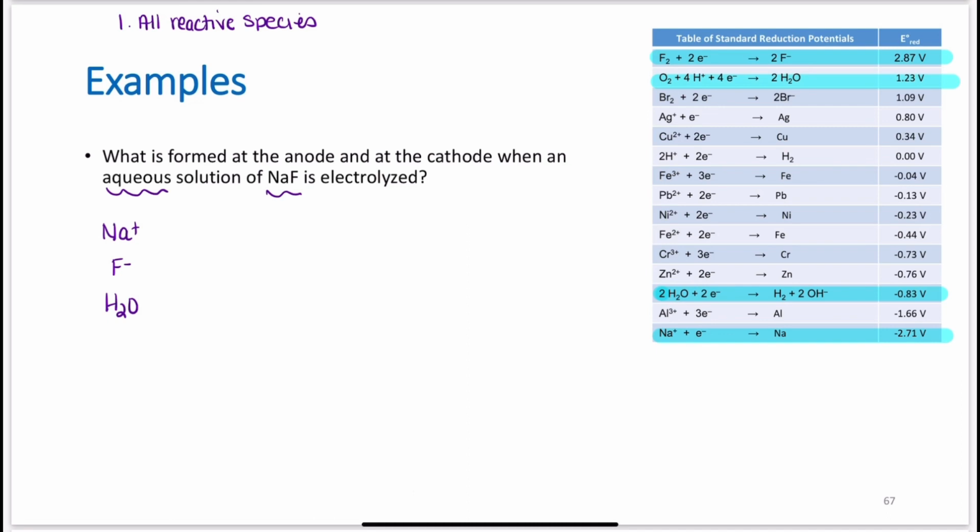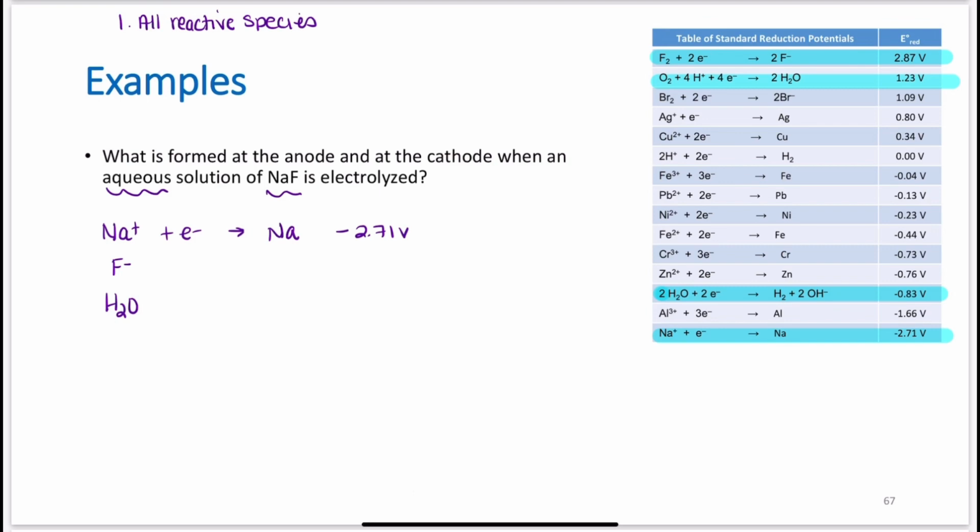Well, I know if I have sodium plus, if it gains 1 electron, it can form sodium, negative 2.71 volts.